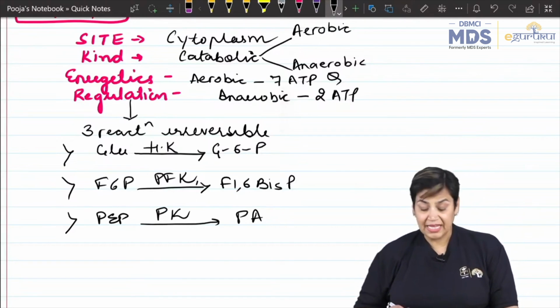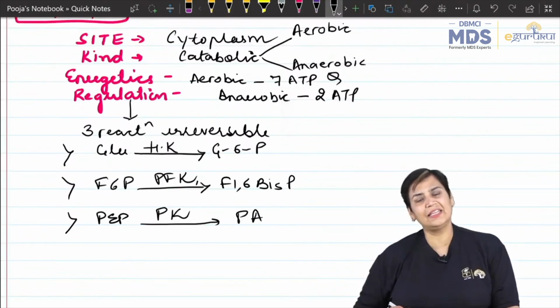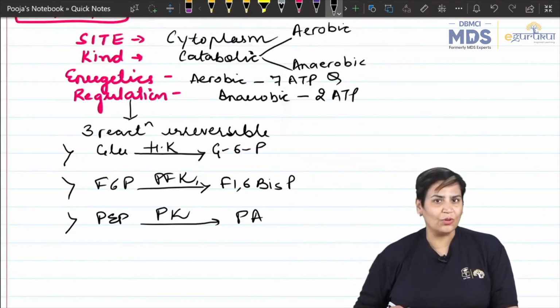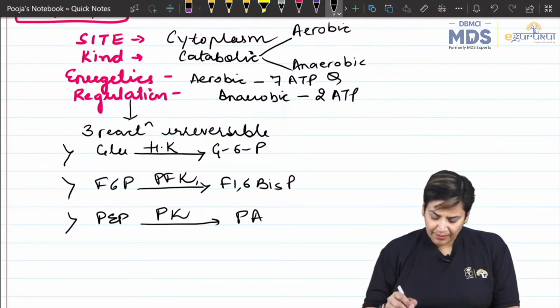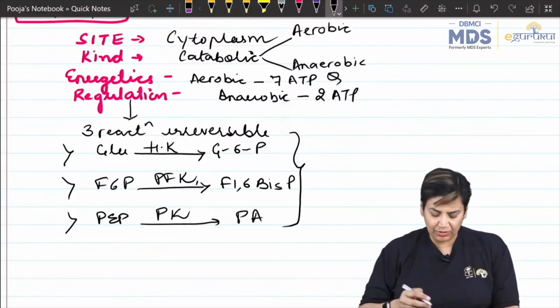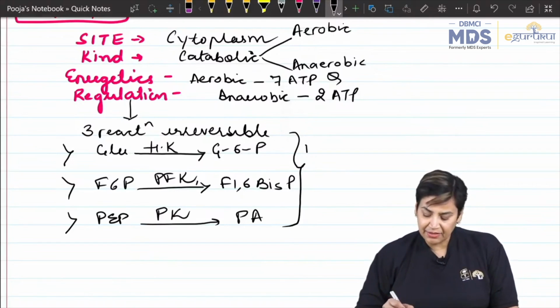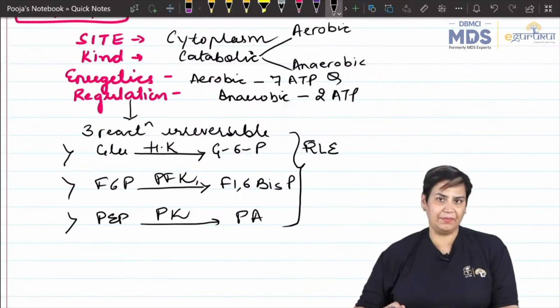Obviously, if these are irreversible reactions, I can easily say that they can be the regulatory ones, because the reaction which is irreversible can easily be regulated. Again, if we talk about the mode of regulation, glucose to glucose 6-phosphate is simply feedback inhibition, or it is a rate limiting enzyme.